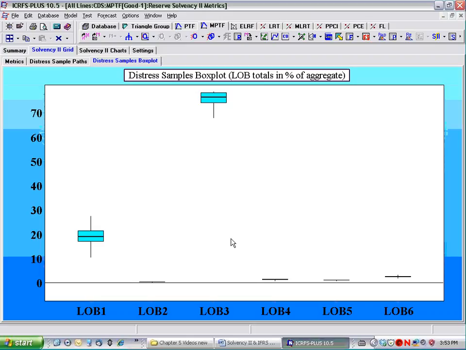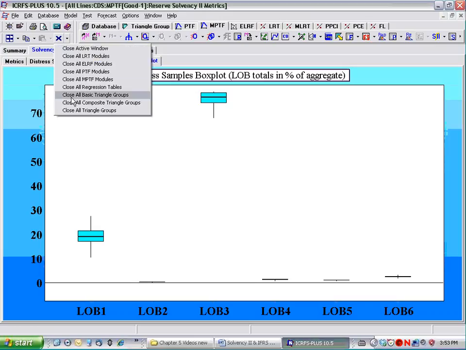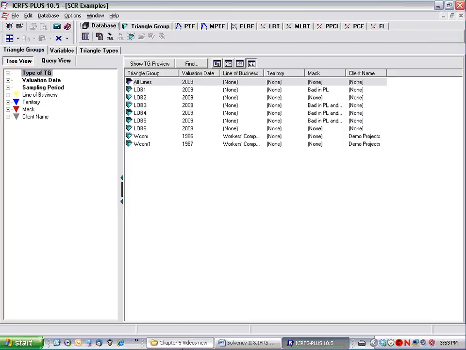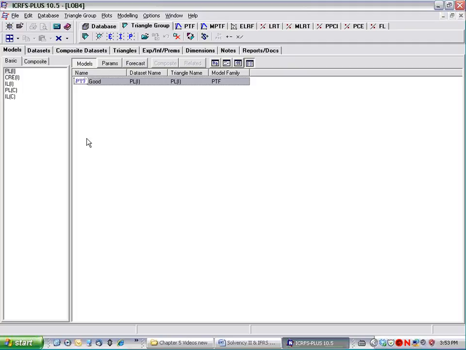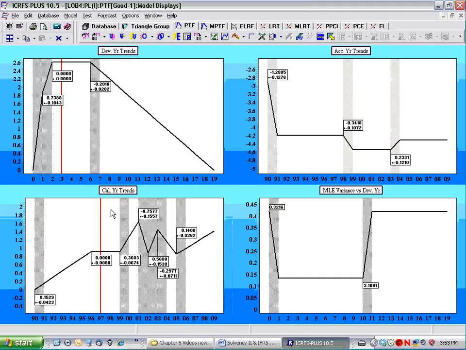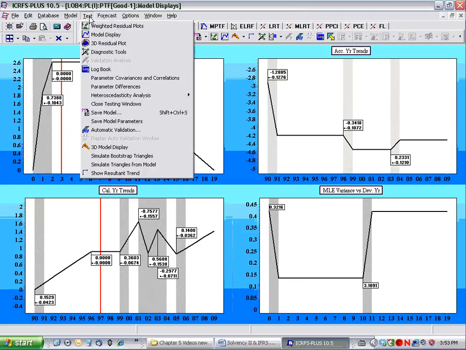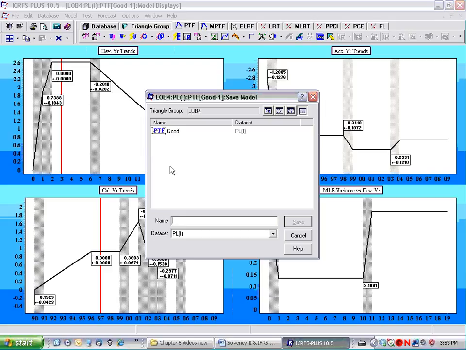Okay, the next issue I want to look at, and I'll only do it for LRB4, is the contribution, if you like, of parameter uncertainty, of volatility to a distressed situation. So if I go to LRB4, which is the most volatile line, I run the model. And now let me save the model parameters. Let's call it good.